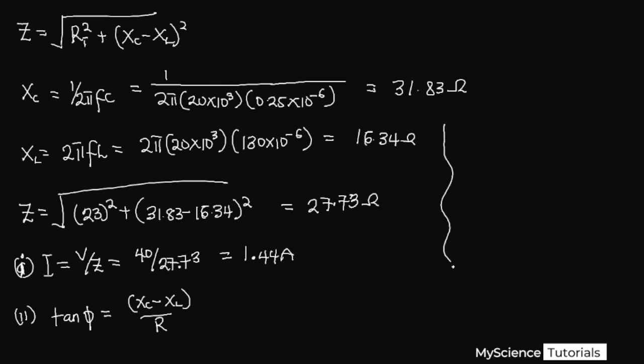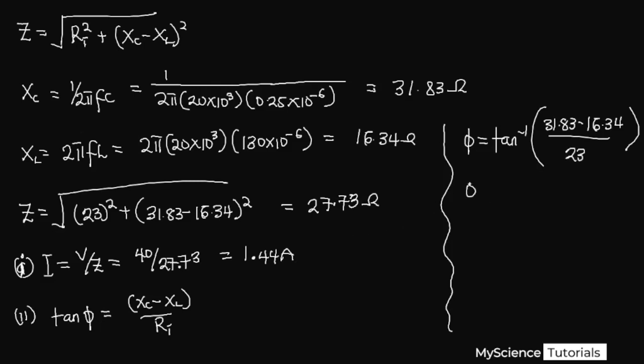This implies that we have theta is equal to the tan inverse of XC minus XL, that is 31.83 minus 16.34, all divided by our resistance, or R total in this case, which is 23 over here.